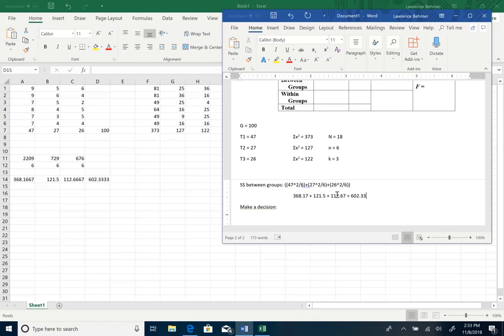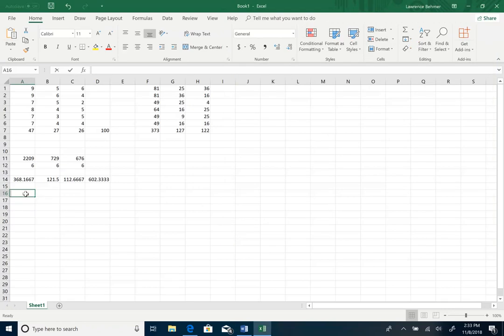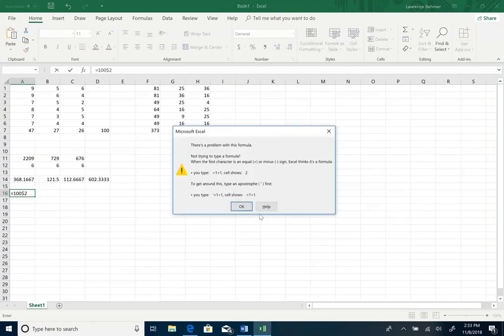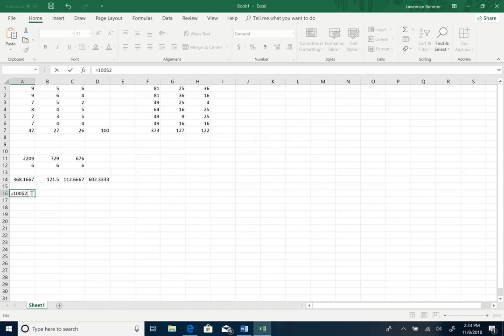So let's go ahead and figure out the G squared, which is going to be 100 squared divided by 18. And let's just go ahead and do that in Excel. So 100 squared, right?